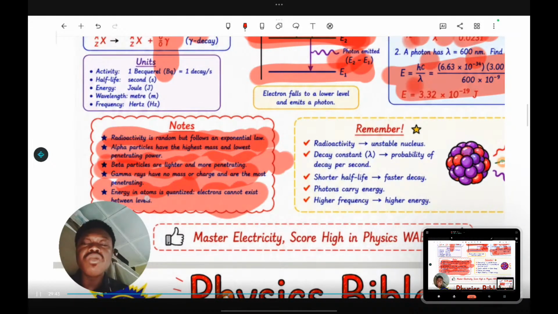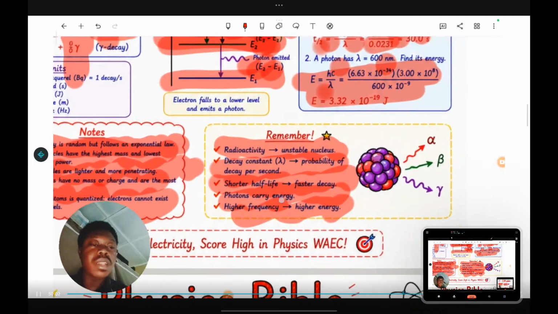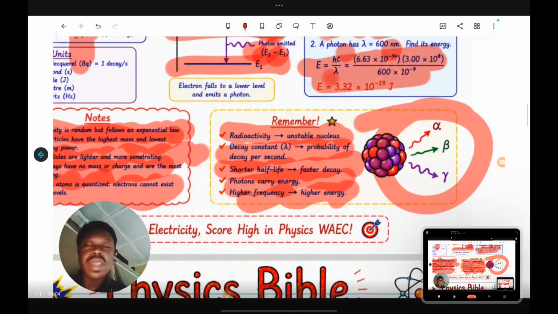Electrons cannot exist between levels. Radioactivity comes from an unstable nucleus. The decay constant is the probability of decay per second. Shorter half-life means faster decay. Photons carry energy, and higher frequency means higher energy. Take note of all these.